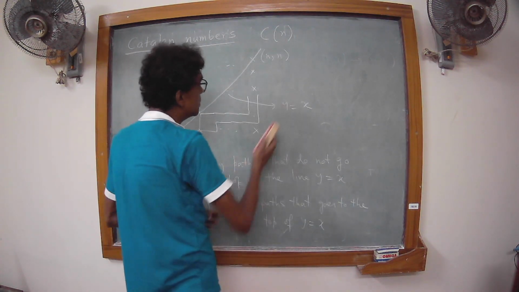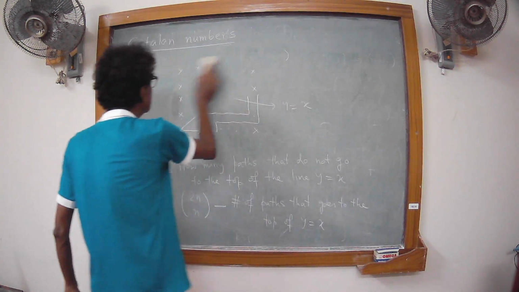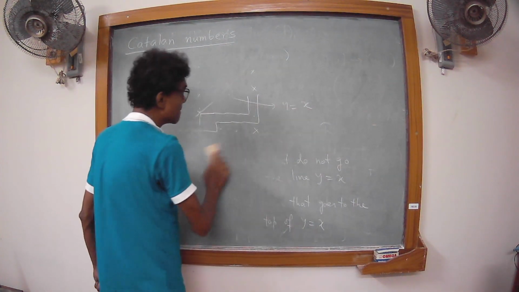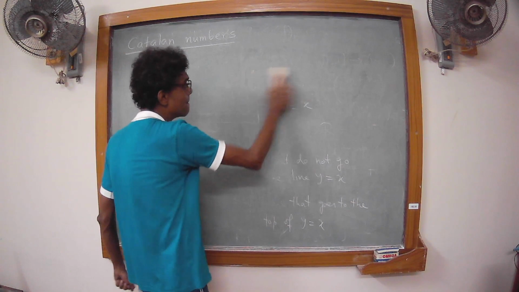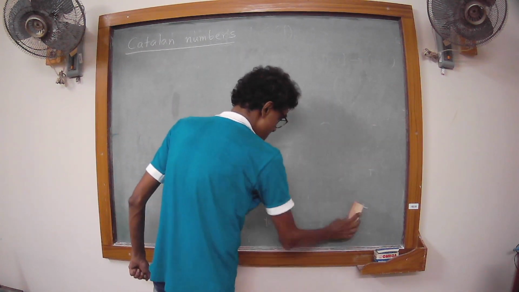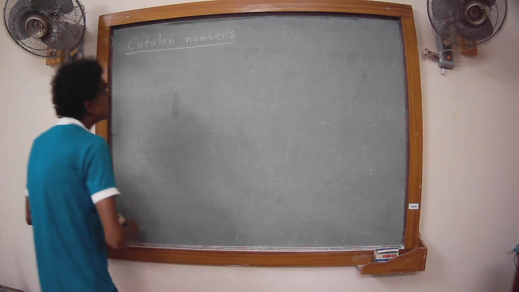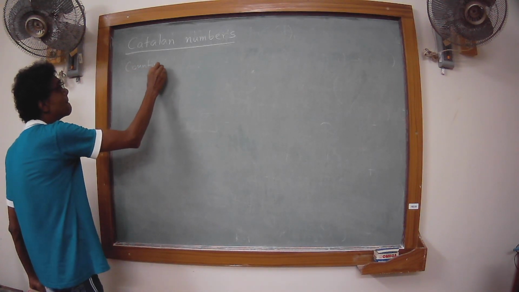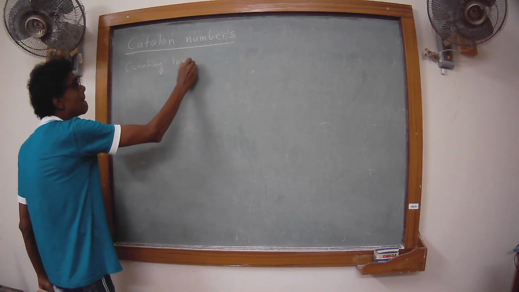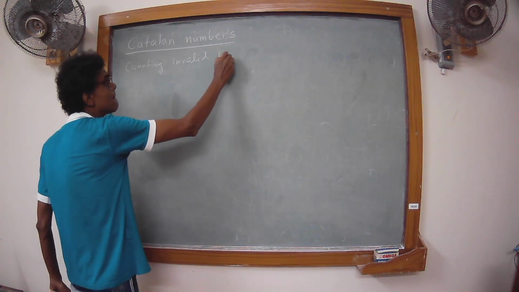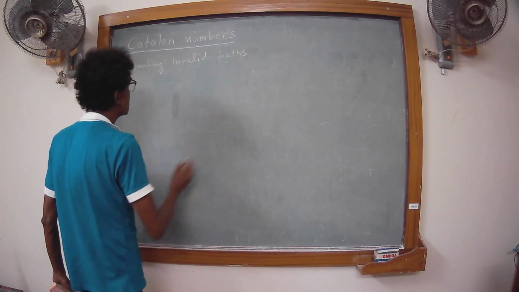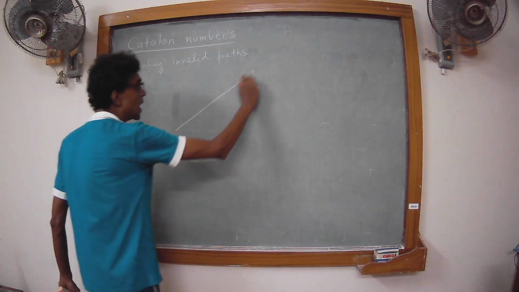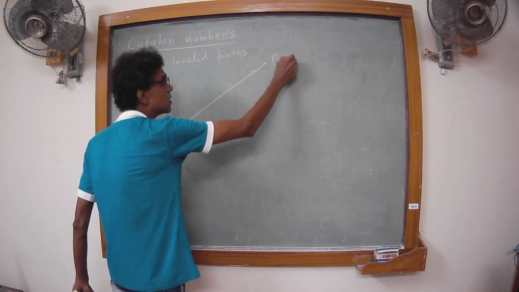So let us consider paths that are invalid. You start from 0, 0, and you have this line ending at n, n.